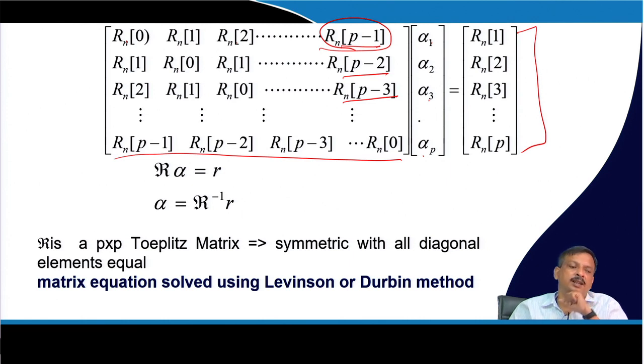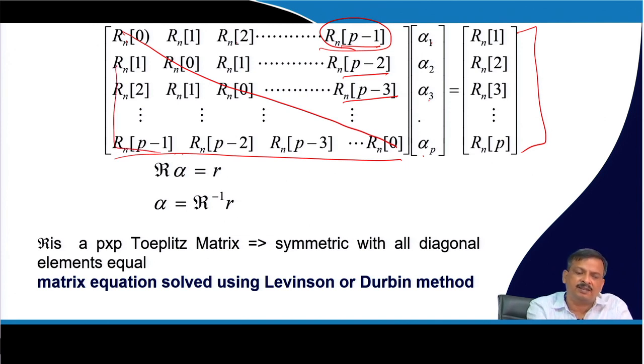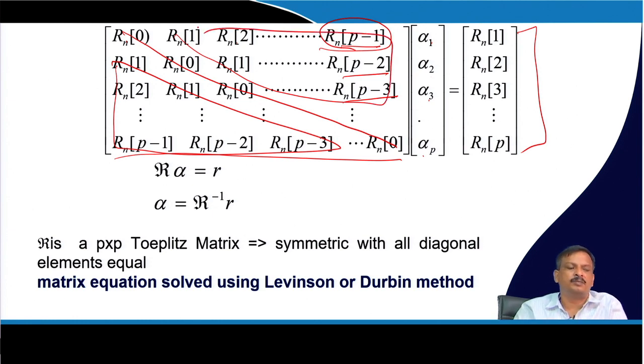Now you can see all the diagonal elements are the same. The lower triangular and upper triangular parts are the same. This is a Toeplitz matrix form, which is symmetric, with all diagonal elements equal.